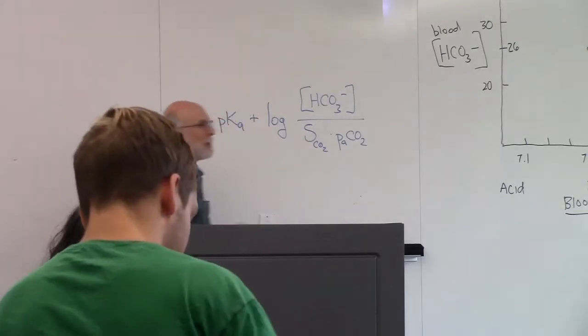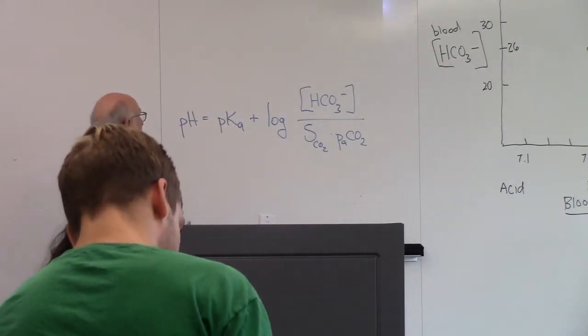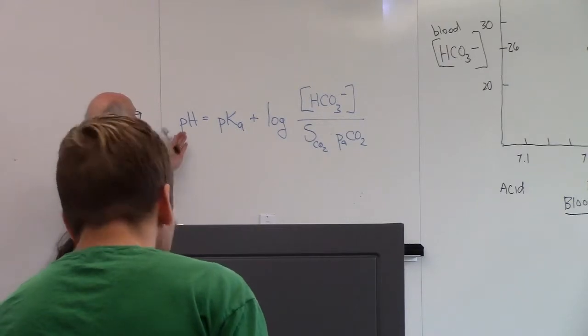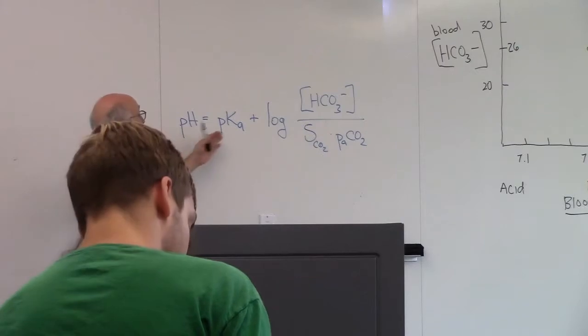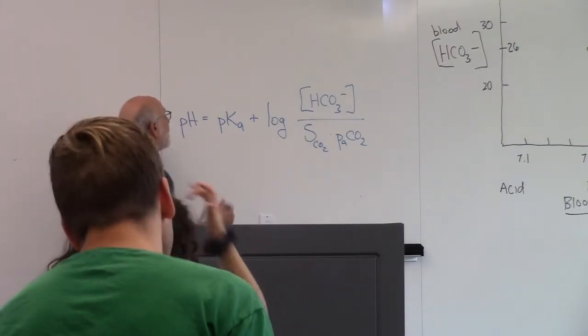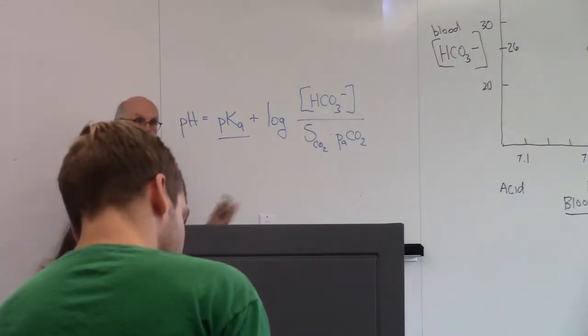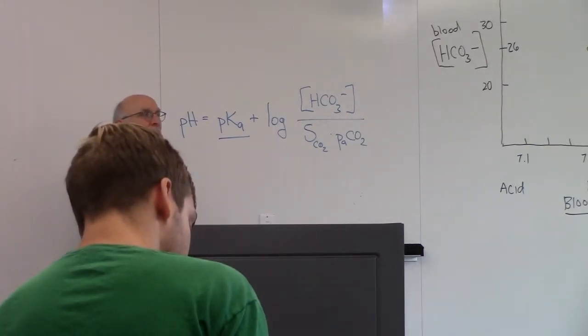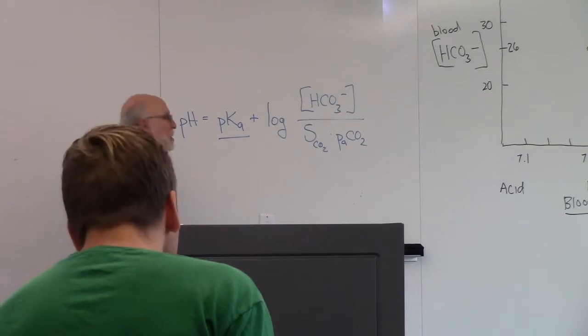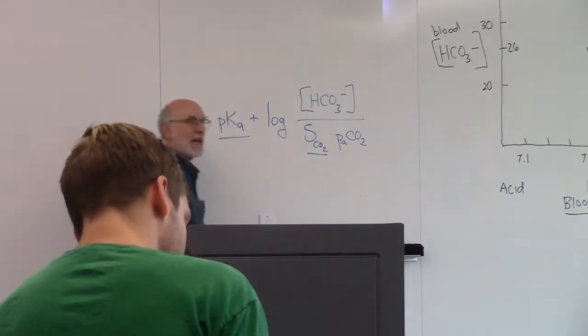But there are three variables that define pH. pKa is a constant, defined by the chemistry of carbon dioxide and carbonic acid and bicarbonate. Solubility is chemistry, so that's a constant.